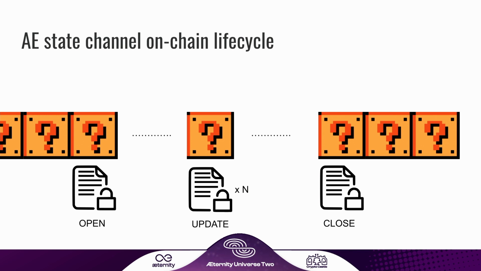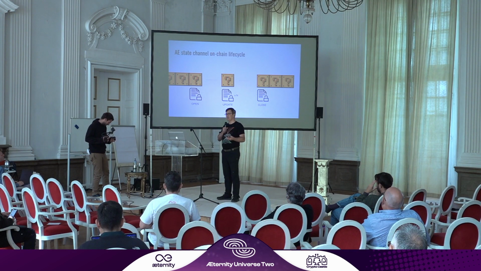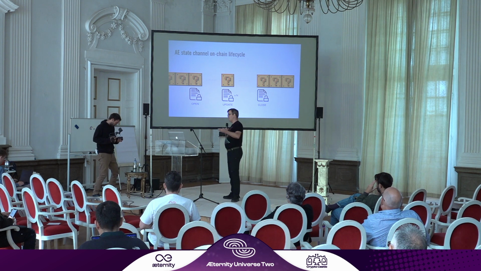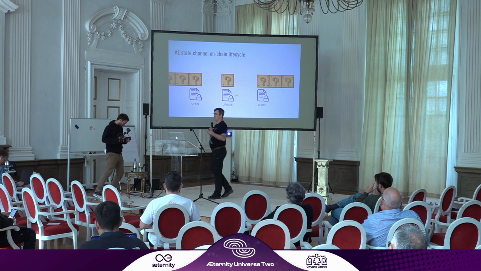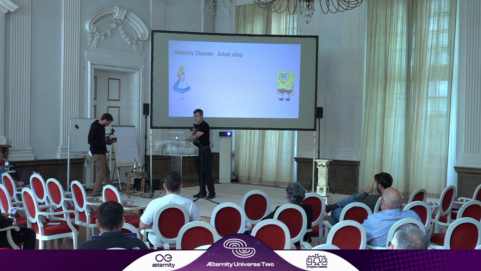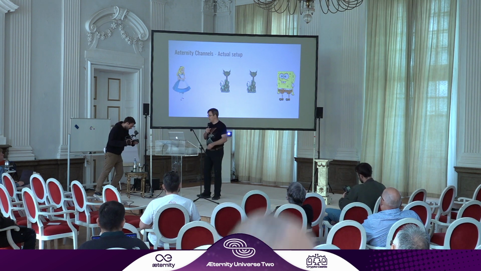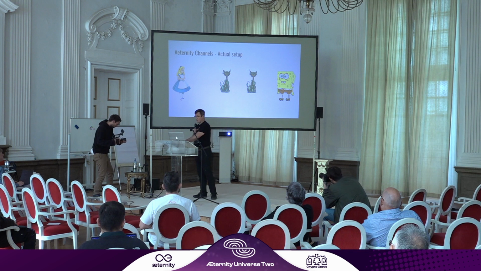But the fact that you have at least 2 on-chain transactions makes them a poor substitute, for example, for a spend transaction. It would be much more expensive to pay for something using a temporary state channel the way they work right now.